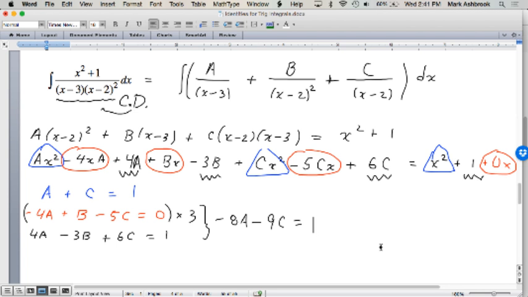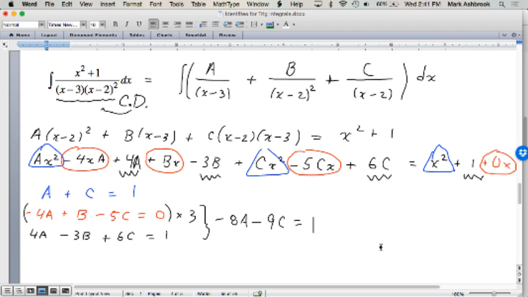Check my work. Did you catch what I did? I multiplied the red equation by 3 to eliminate b. And so then I got, check it again, negative 12a and positive 4a, negative 8a, negative 15c, and 6c is negative 9c.